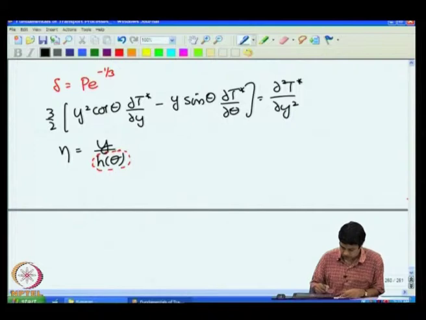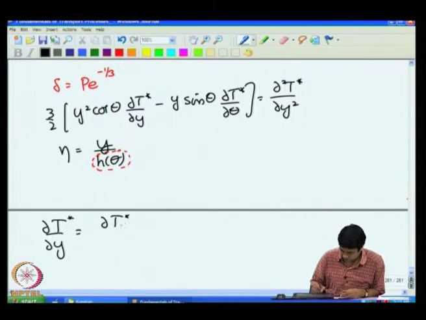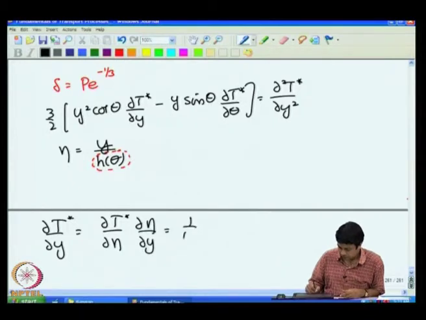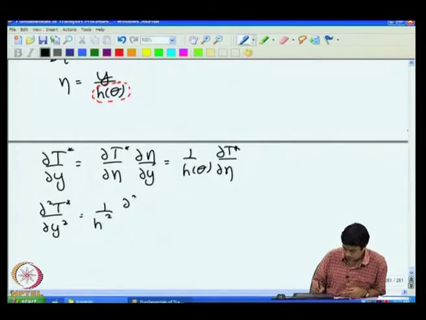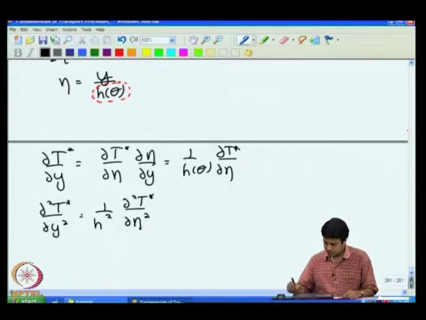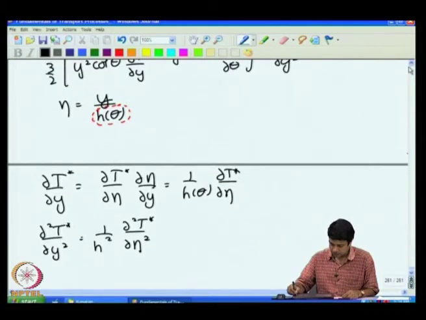So, partial T by partial y is equal to 1 by h of theta partial T by partial eta. In a similar manner, partial square T by partial y square is equal to 1 by h square partial square T by partial eta square. So, these are the two derivatives with respect to y in the conservation equation.